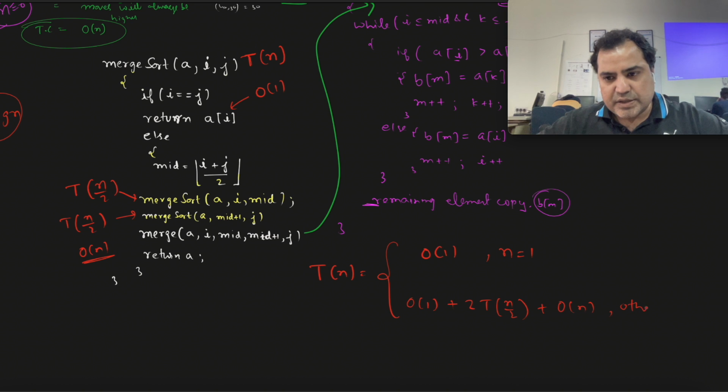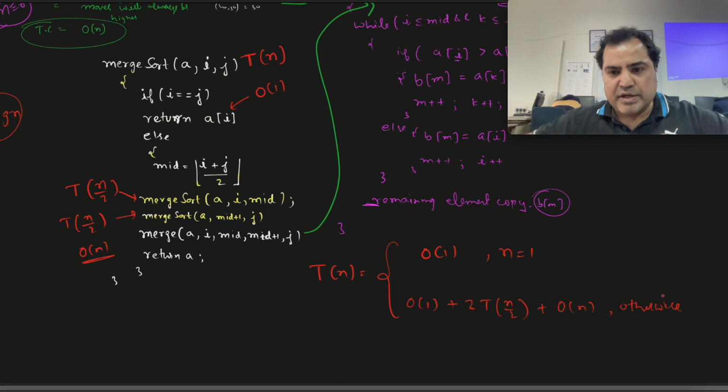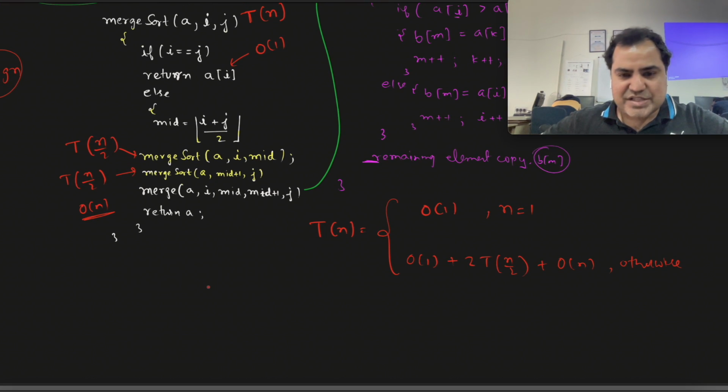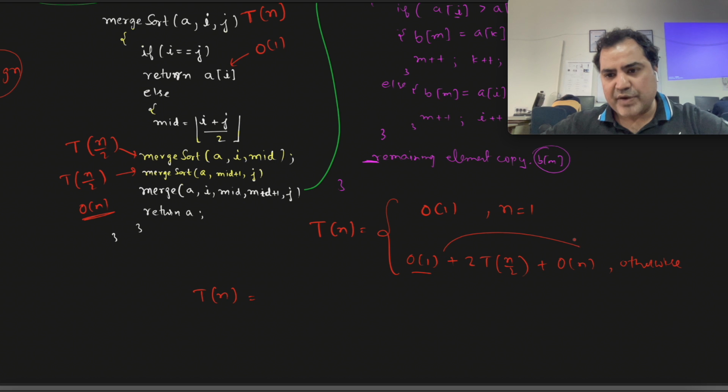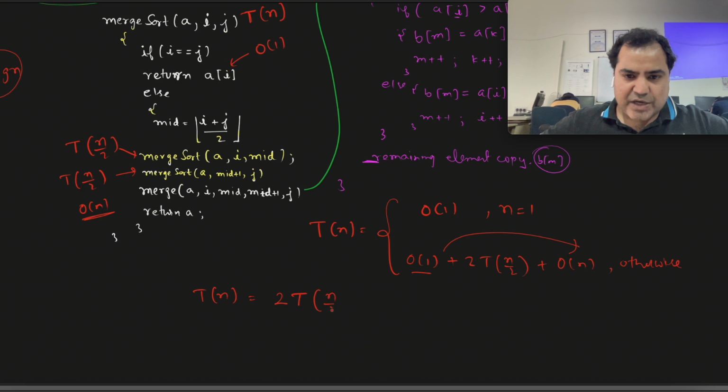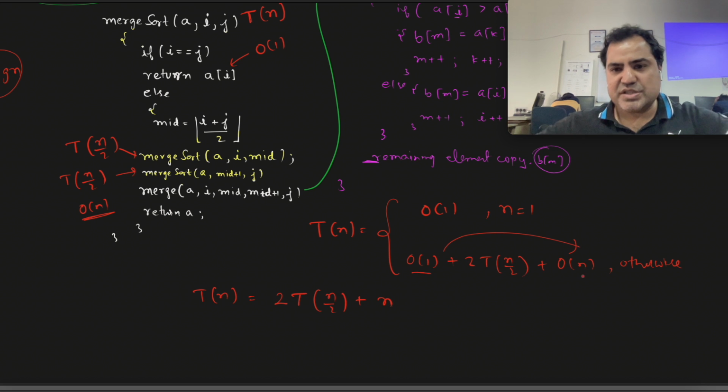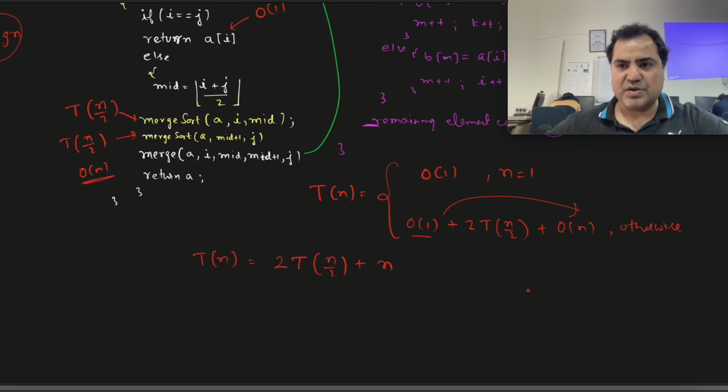We merge it as order of n. So the recurrence relation for merge sort is T(n) = 2T(n/2) + n.